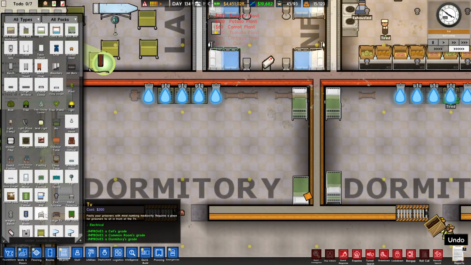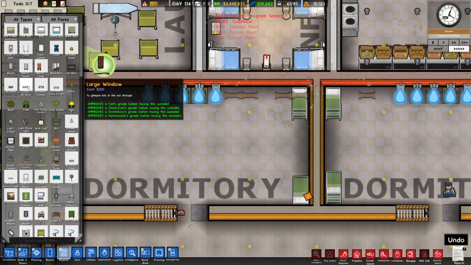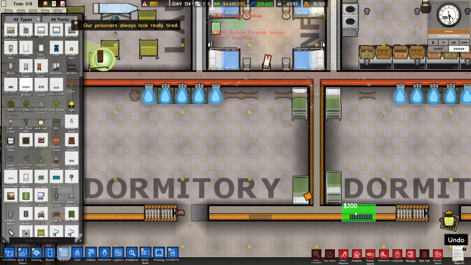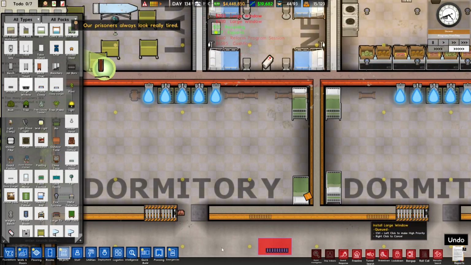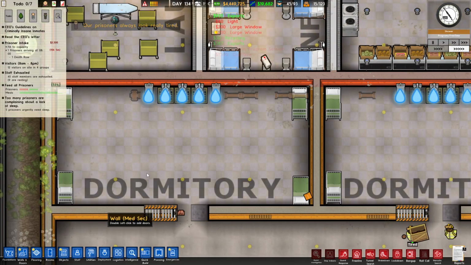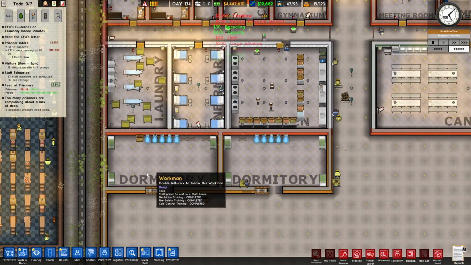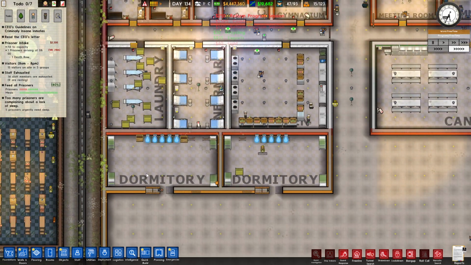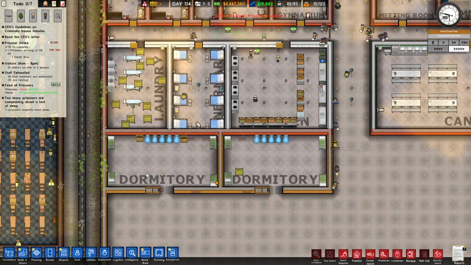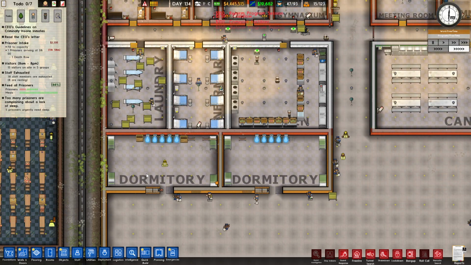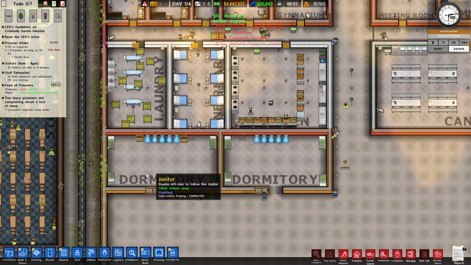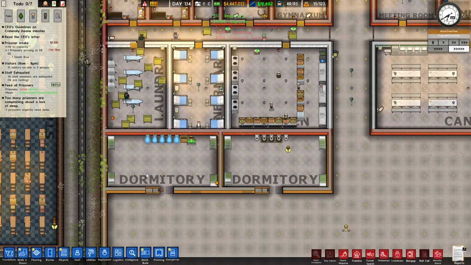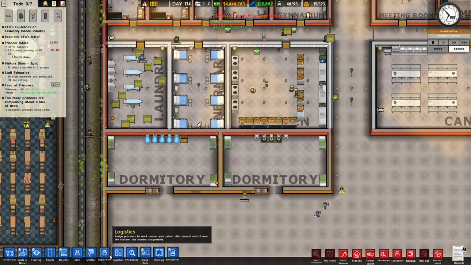We can put a window on. The windows are quite expensive. Like that. Just to get rid of the negative point for not having any windows. And both dormitories are functional now, at least.